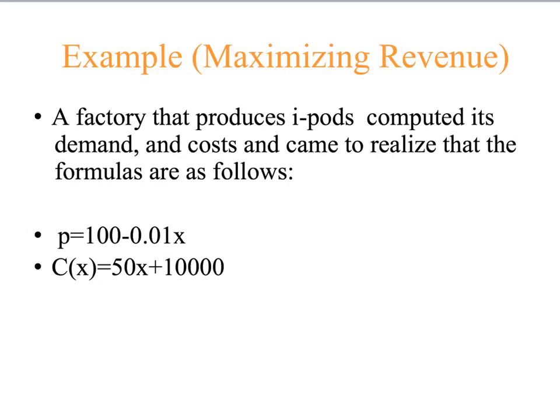Okay, so let's take a look at an example where we want to maximize revenue. A factory that produces iPods computed its demand and costs and came to realize that the formulas are as follows. Price is equal to 100 minus 0.01x, and cost, C of x, is equal to 50x plus 10,000.